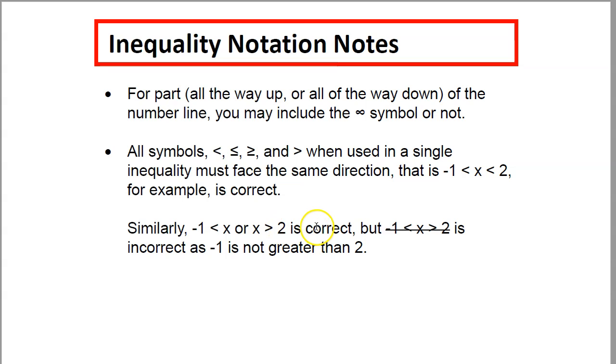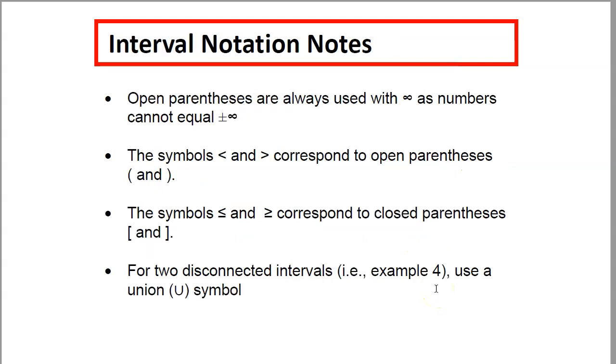That's a correct way to do that. But if you try to write -1 is less than x is greater than 2, you can see that's crossed out. It's incorrect because it doesn't make sense. It's confusing, right? Because you have a less than and you have a greater than symbol. So the symbols have to go in the same direction.